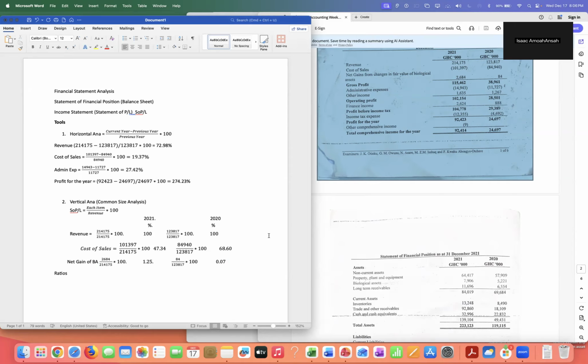I think the difficulty lies in how to identify the figures. If you come to this statement, you just pick revenue, you open your eyes. If it becomes disturbing, you can use your ruler to trace the figures so that you don't make a mistake and pick another figure. But this is easy.